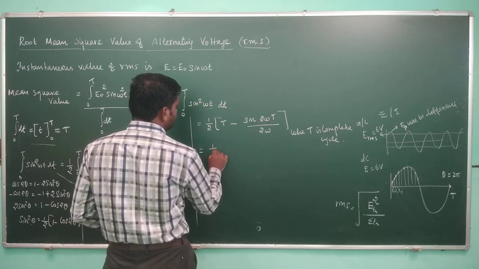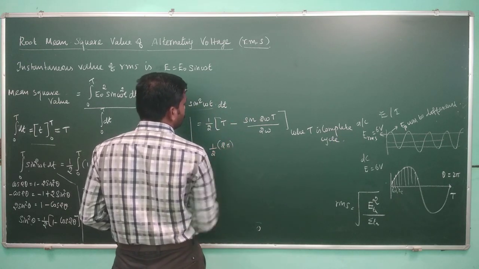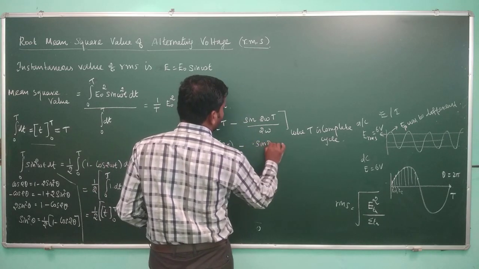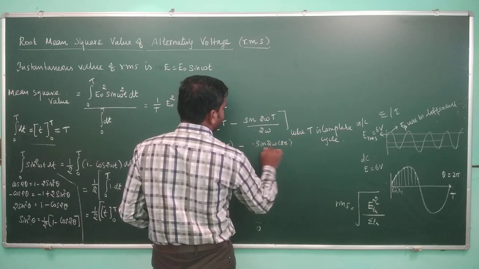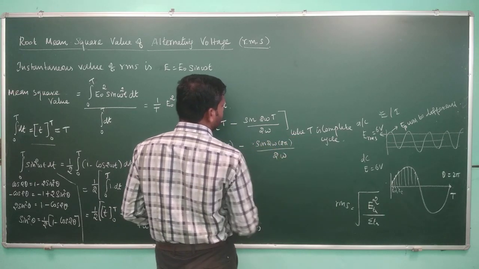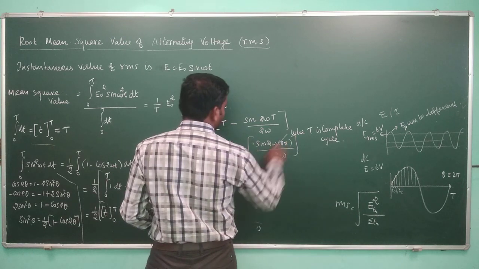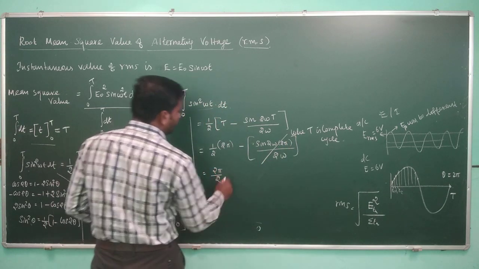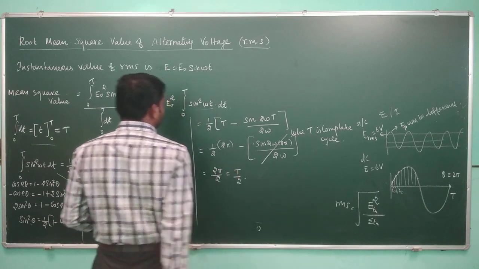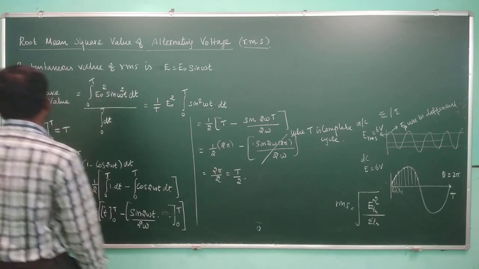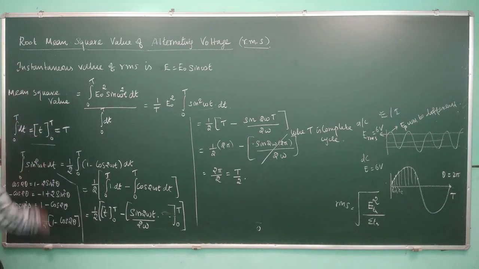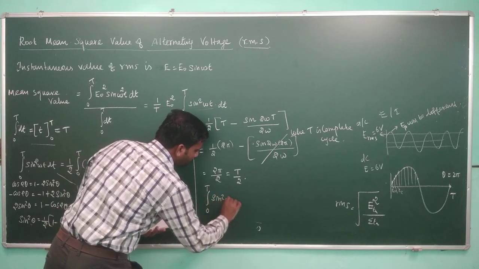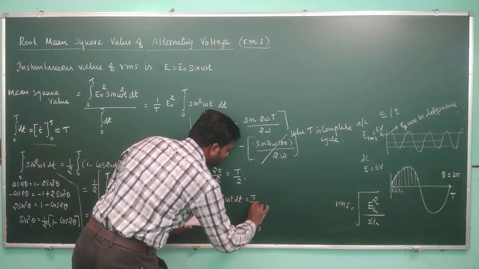Here T becomes 2 pi. Here sine of 2 omega into 2 pi by 2 omega, in this case, this will cancel out. What is remaining would be 2 pi by 2, or you can again write this as T by 2. So the integral from 0 to T of sine square omega t into dt is nothing but T by 2.